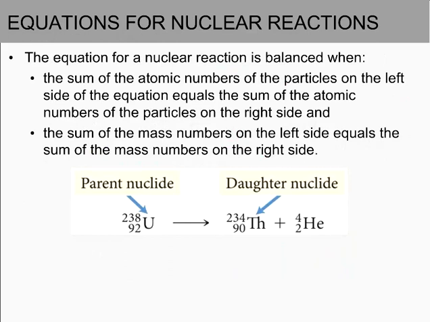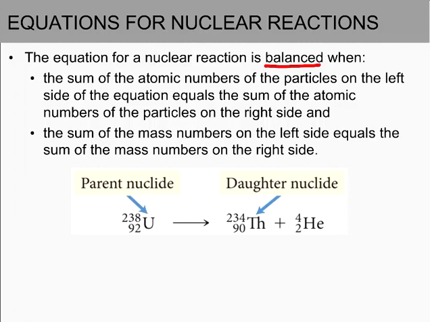So the equation for a nuclear reaction is balanced when the sum of the atomic numbers of the particles on the left side of the equation equals the sum of the atomic numbers of the particles on the right side. And also, we want the sum of the mass numbers on the left to equal the sum of the mass numbers on the right.